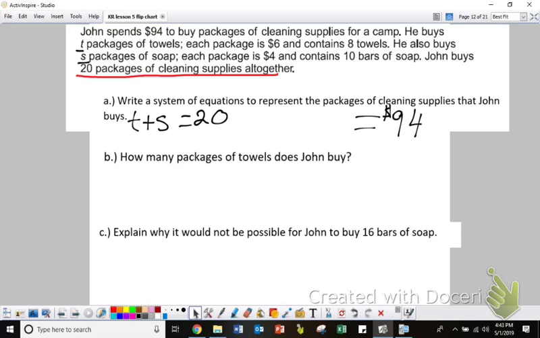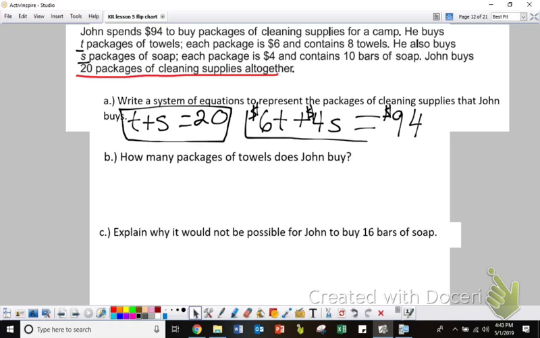So I need to know that it's $6 per pack of towels plus, and again, if you want to put units, it helps some people, plus $4 for every pack of soap. And then those are my two equations. Again, keeping the units together is going to be key here. So I have the units for packages, and then I have the units for the money.